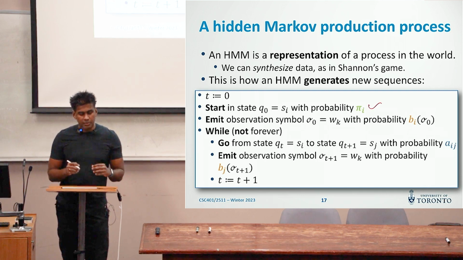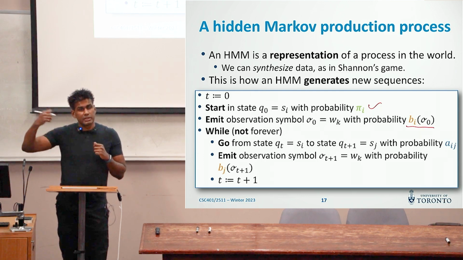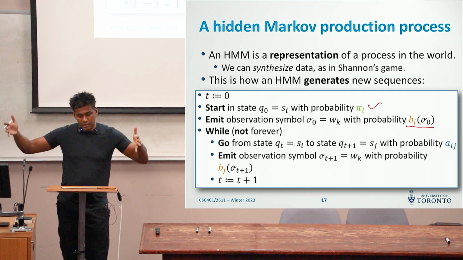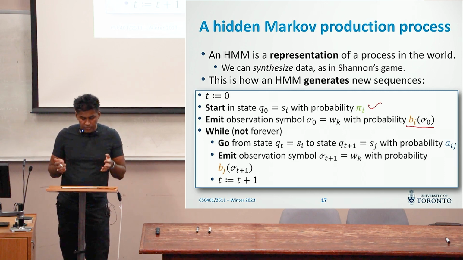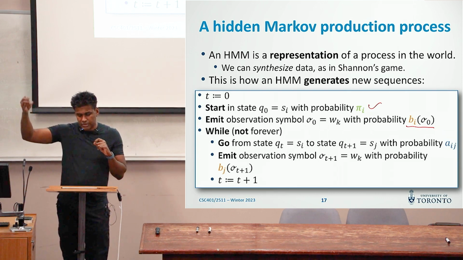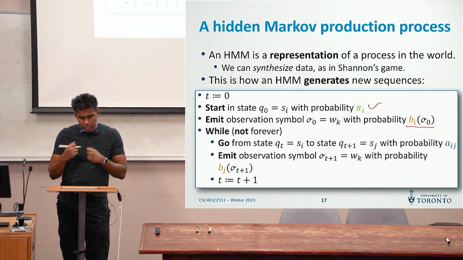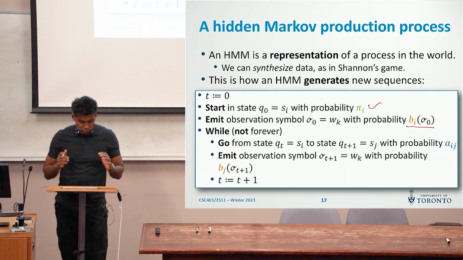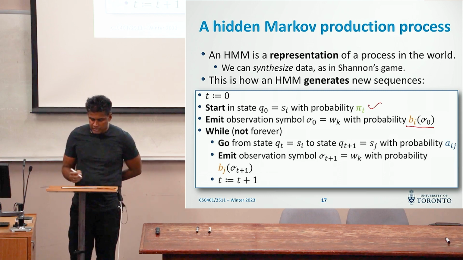And then we emit symbol O0 with the emission probability, okay? And then we continue to do that for as many steps as the length of the sequence we want to generate. We go from one state to another state in the next time step and emit some observation based on the probability. We repeat this T number of times, and then we have generated a sequence of observations going from O0 to, let's say, OT minus 1, okay?